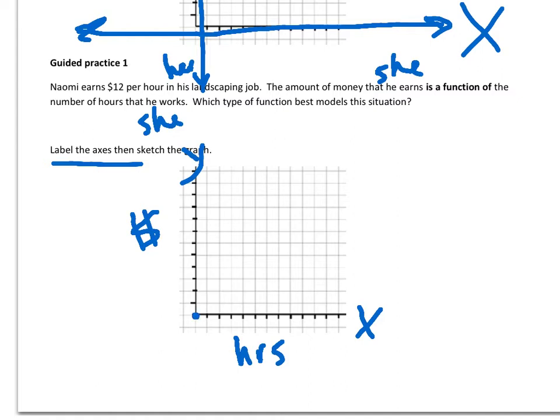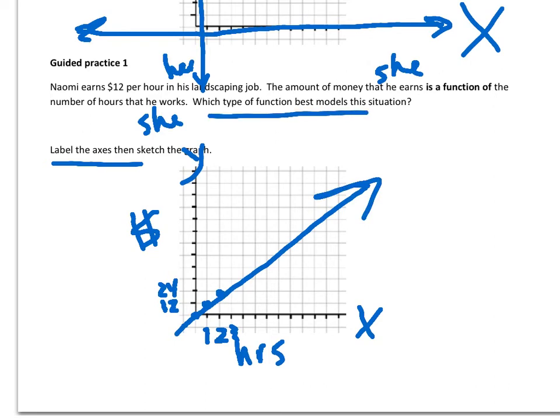At 0 hours, you have $0, and at 1 hour, you have $12. At 2 hours, you have $24. Each dot is going up by 12, and each one this way is increasing by 1. You end up with a line that goes straight. So which type of function best models it? It is linear, increasing.